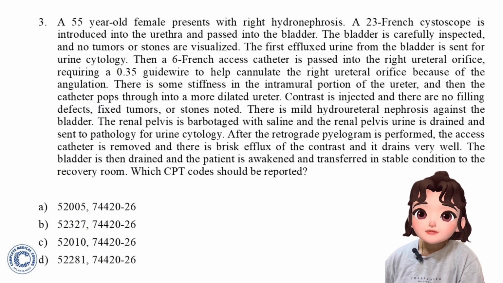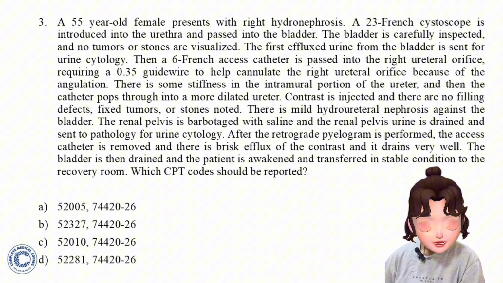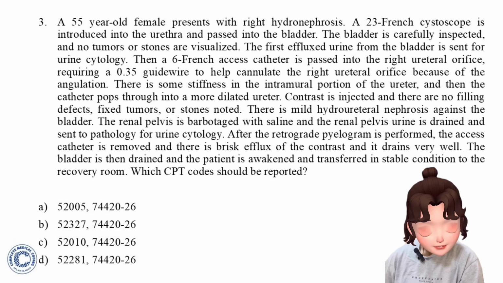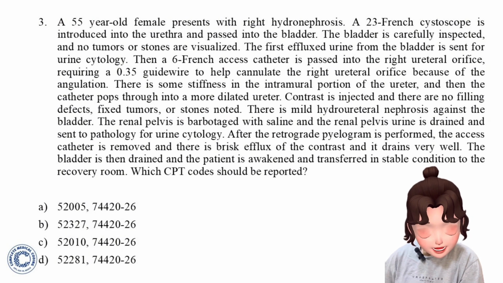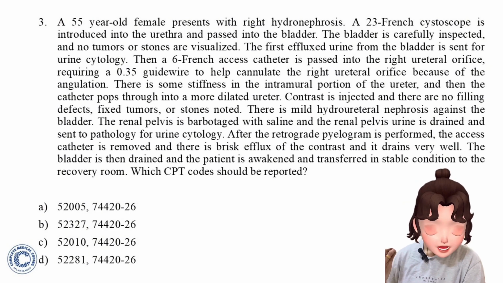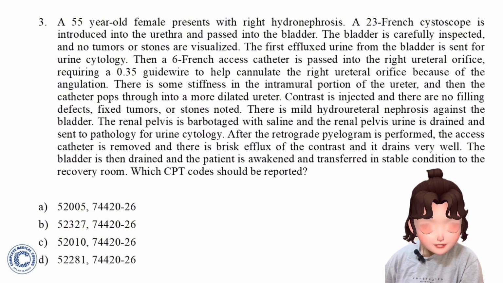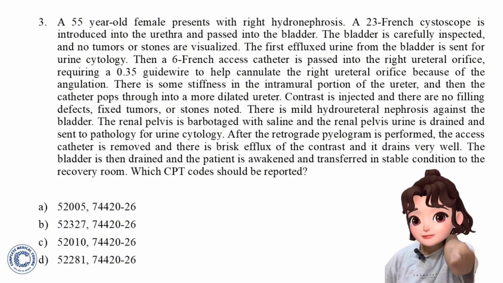And option D, 52281. 52281 is cystourethroscopy with calibration or dilation of urethral stricture or stenosis, with or without meatotomy, with or without injection procedure for cystography, male or female. So what is exactly carried out here?